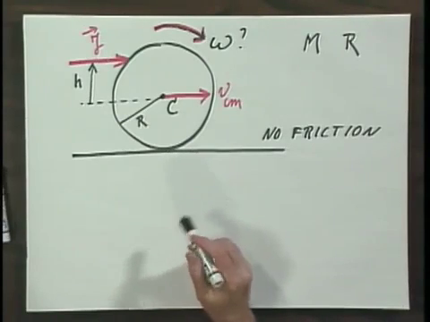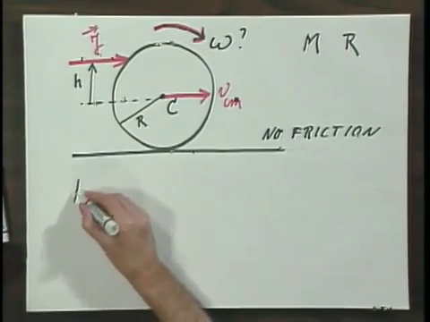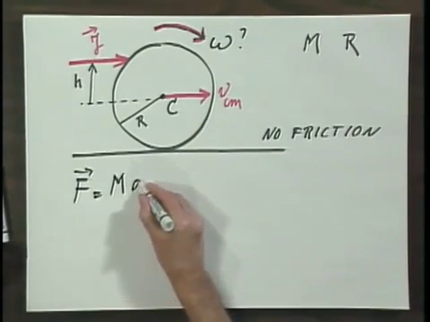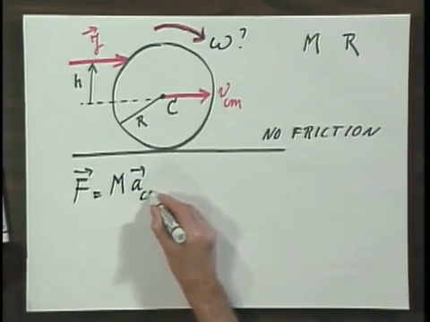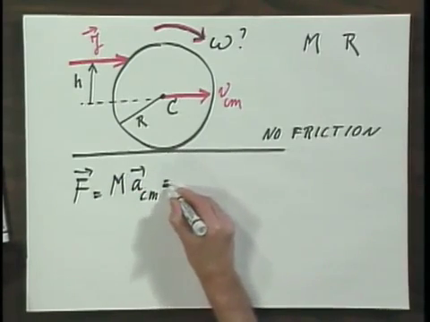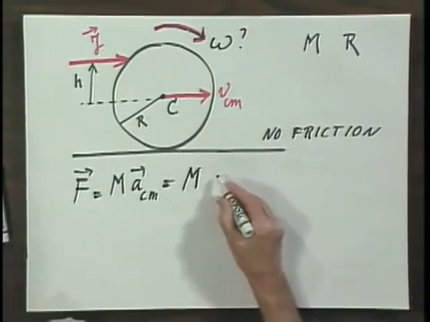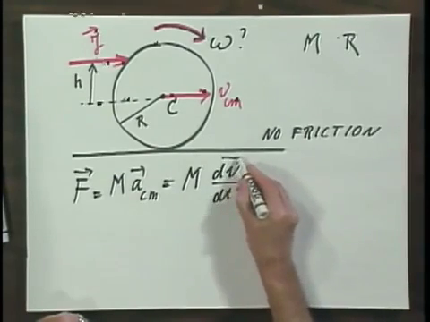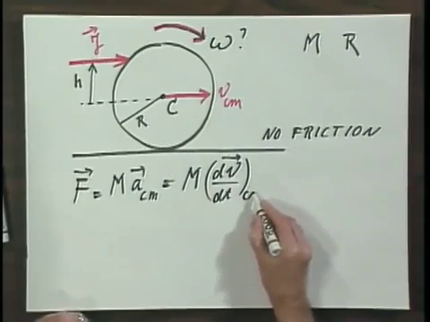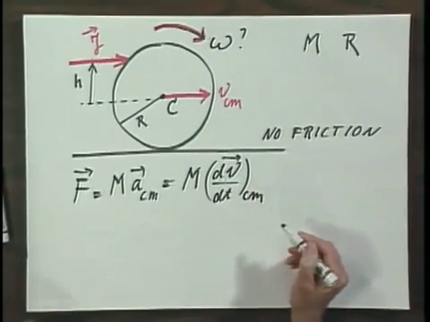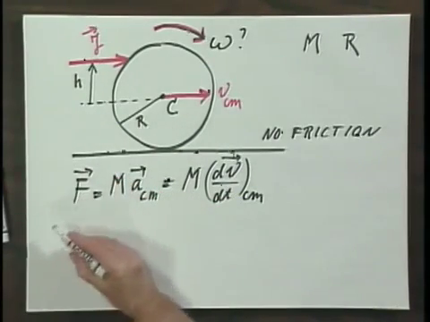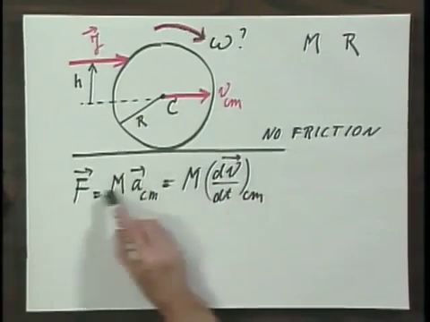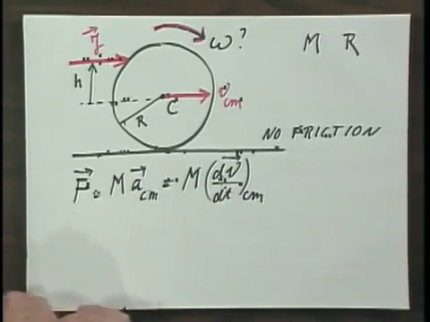Let's first start with Newton's second law. F equals m times a of the center of mass. That equals m times dv/dt, a vector, of the center of mass. I take the integral dt of this part and of that part.